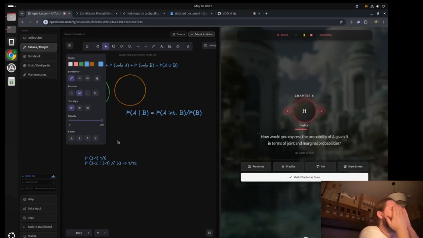Is it 1/12? No, it's way more than that. The probability is 1/6 times 1/6 exactly. And so the probability of seeing a 3-3, right?